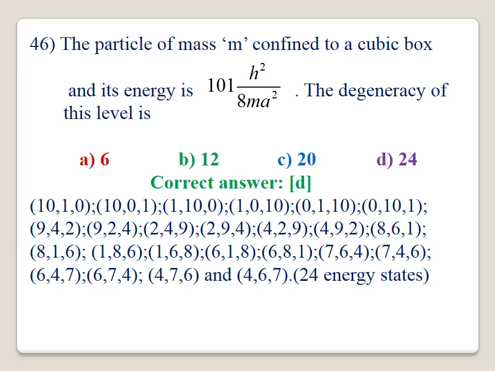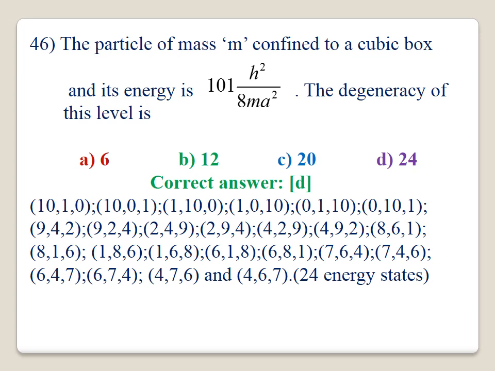The 24 degeneracies are given by the combinations of quantum numbers such as 10, 1, 0; 9, 4, 2; 8, 6, 1; and 7, 6, 4, in all their permutations.